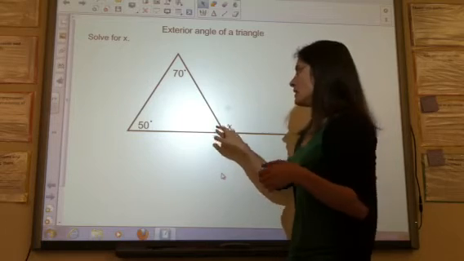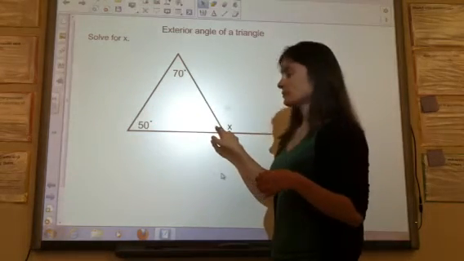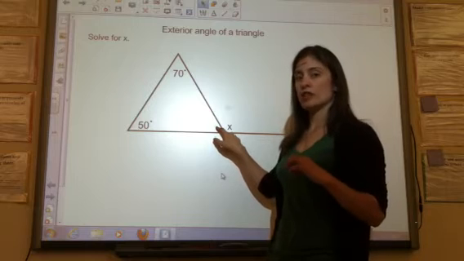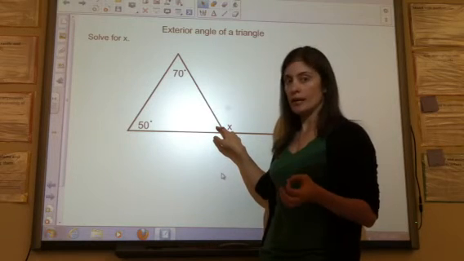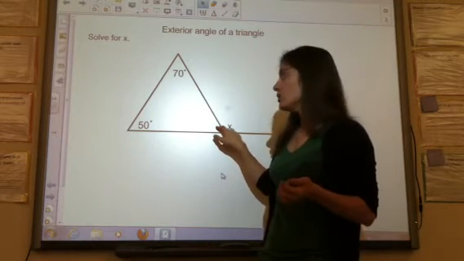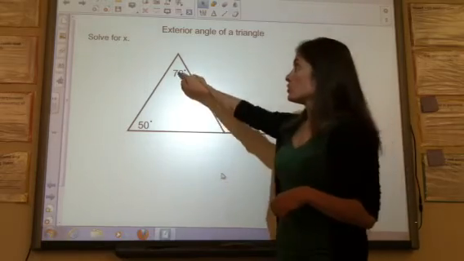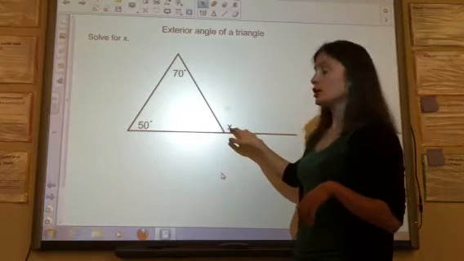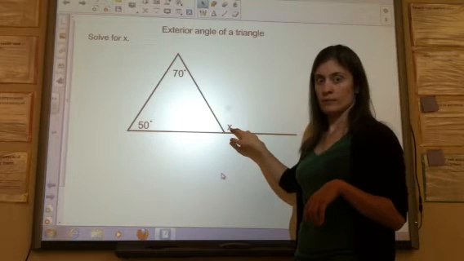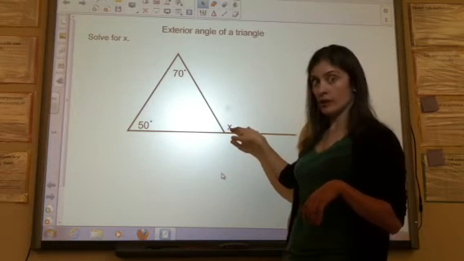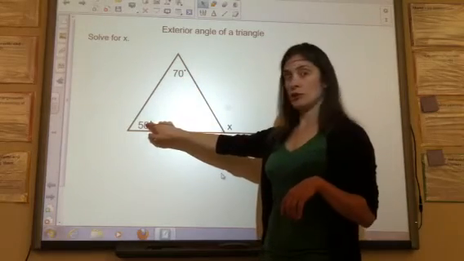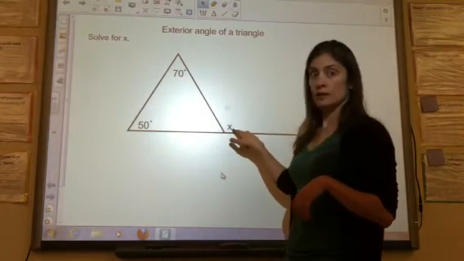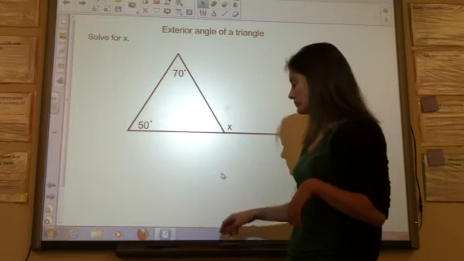Great. We know that these three are the interior angles of a triangle, and they also add up to 180 degrees. Which means that the two interior angles that do not touch the exterior angle, the sum of these two angles will equal this exterior angle.